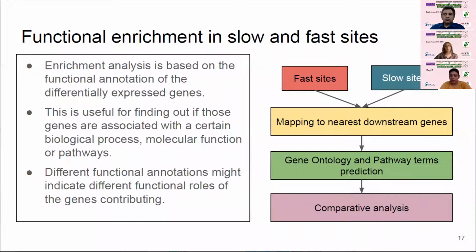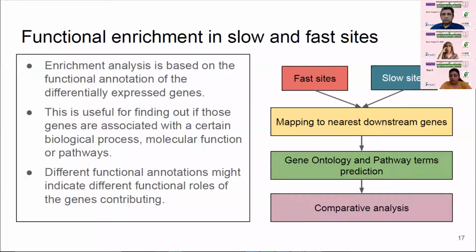Different functional annotation might indicate a different functional role of the genes contributing to the different sets. So here, we took the fast and slow sites and mapped the binding sites to their nearest downstream gene, and we predicted the gene ontology and pathway for these downstream genes. After that, we are trying to do the comparative analysis for these fast and slow sites.